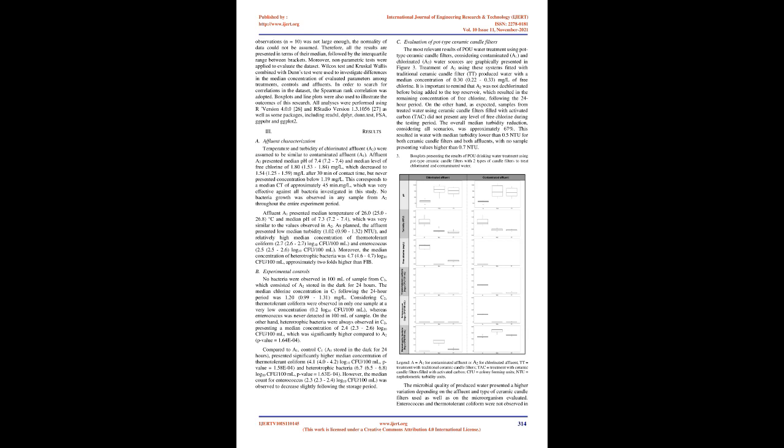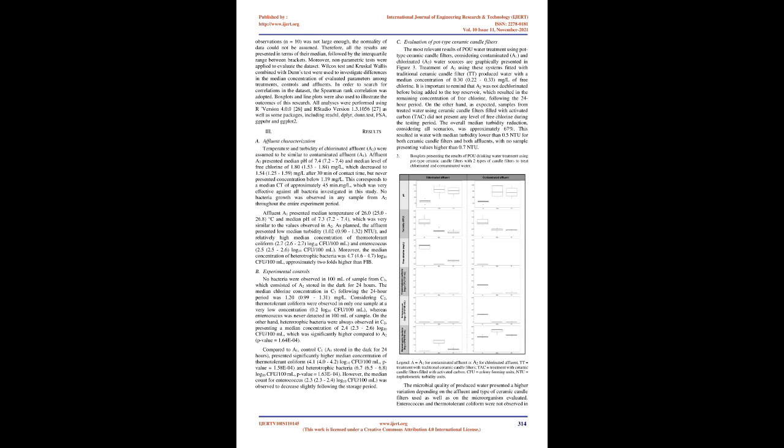This corresponds to a median CT of approximately 45 min.mg/L, which was very effective against all bacteria investigated in the study. No bacteria growth was observed in any sample from A2 throughout the entire experiment period.